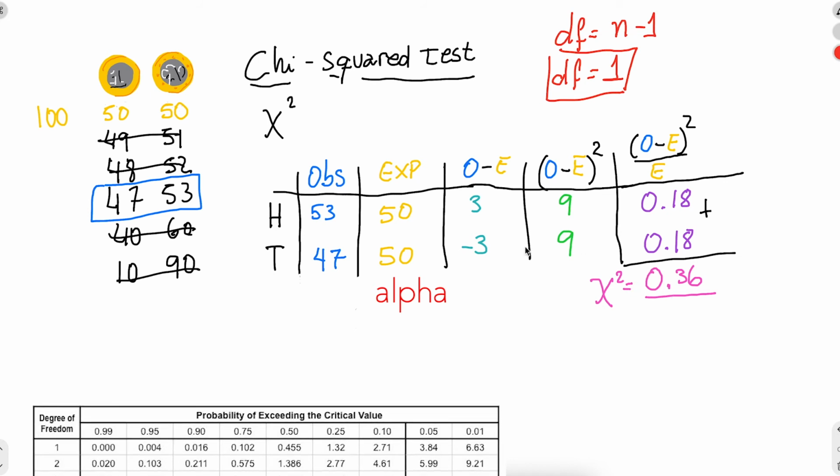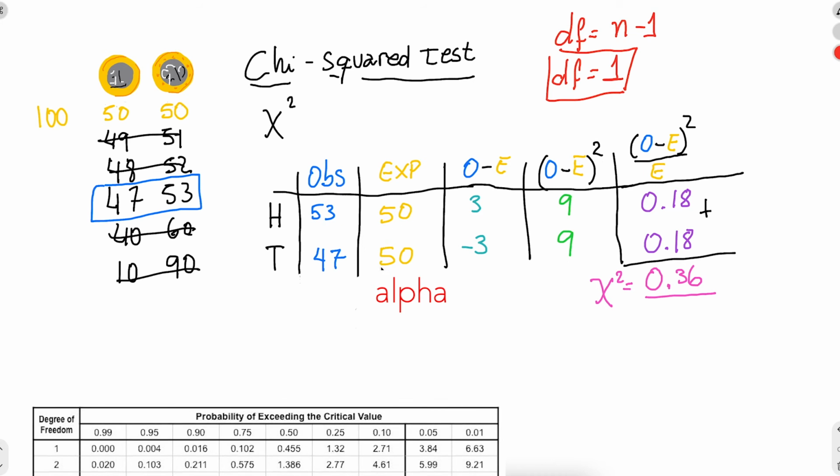If you think about it, if your chi-square is smaller than the critical value, that means the difference is not very big, because the chi-square comes from the difference. So the difference is just random.